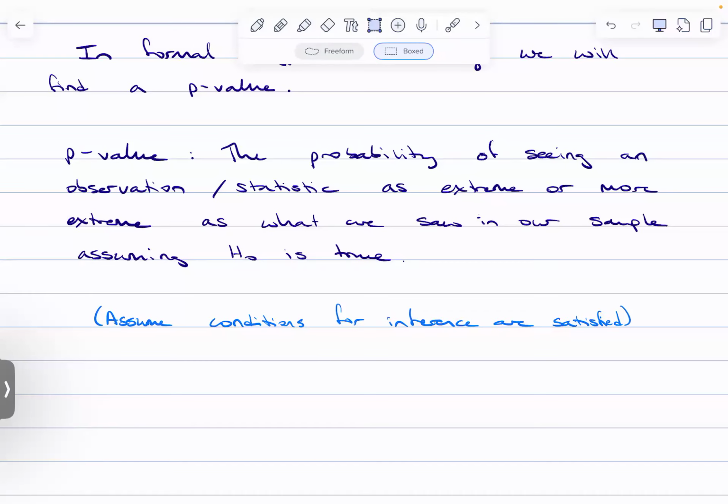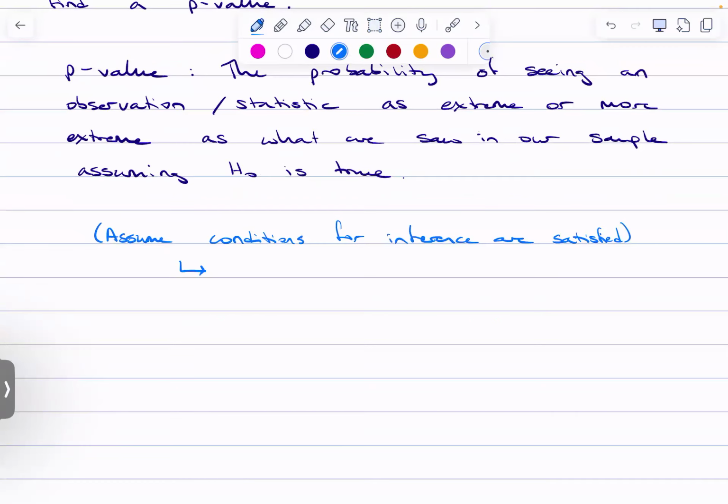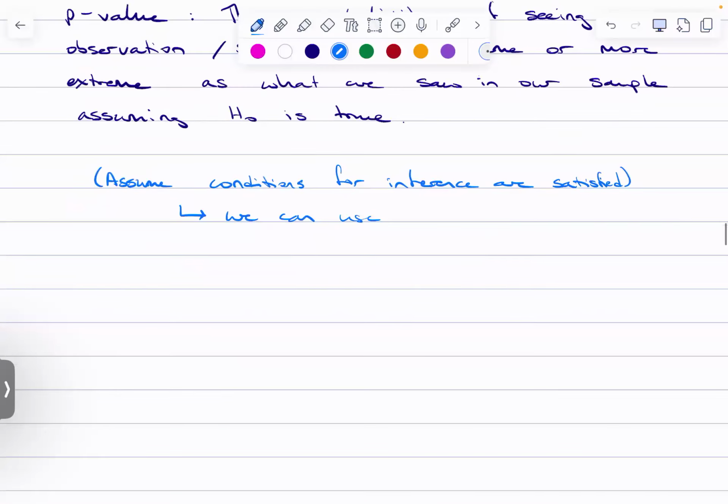But let's just assume that they're satisfied. What does that mean? It means that we can use the fact that p hat follows a normal distribution centered on p with a standard error of square root of pq over n.